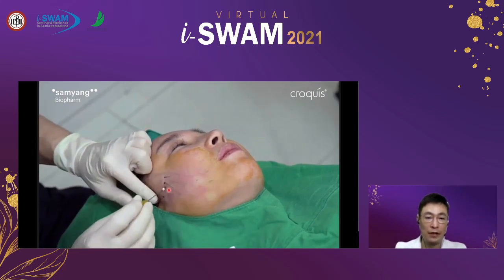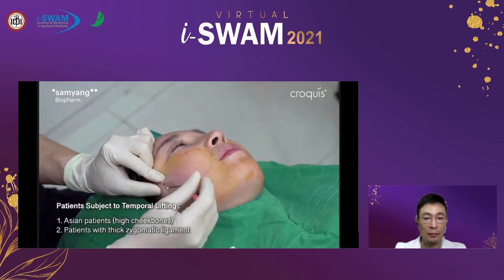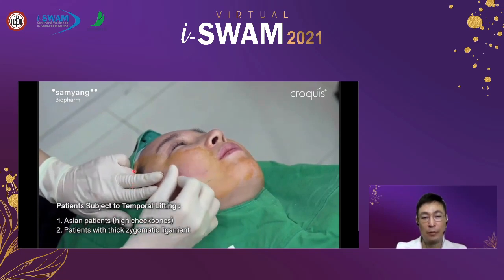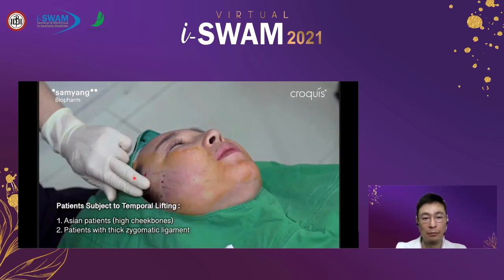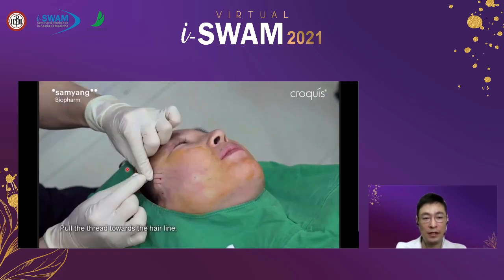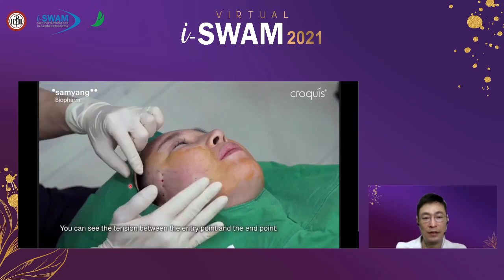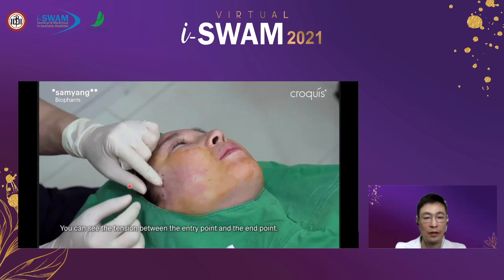For this area, I basically do not tie, because there may be some strong fixing points in the temporal fascia. So usually the lifting power or anchoring power is very strong.